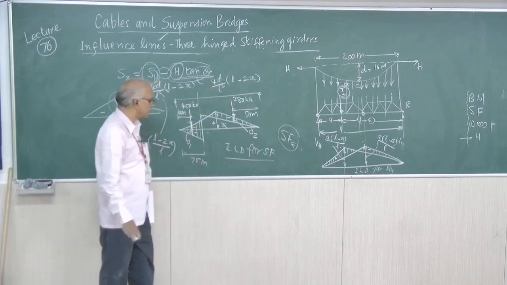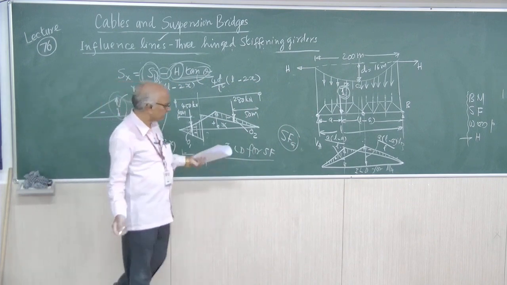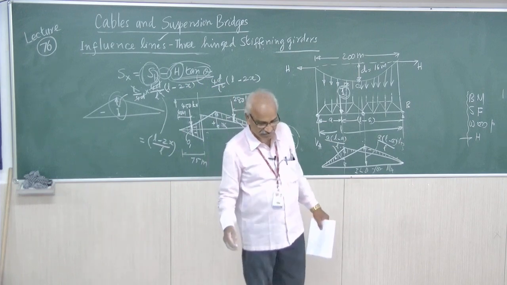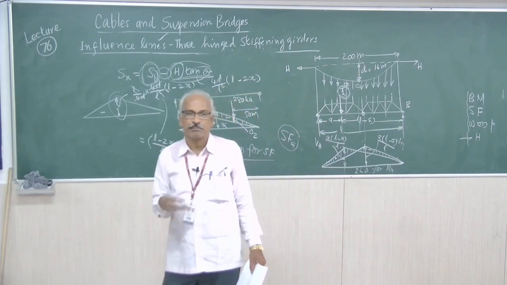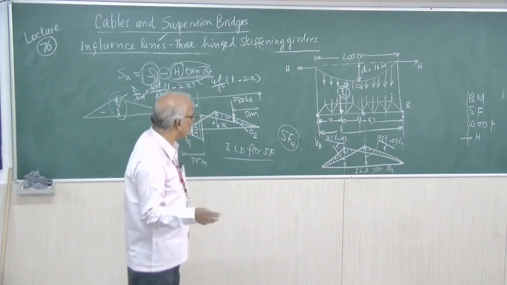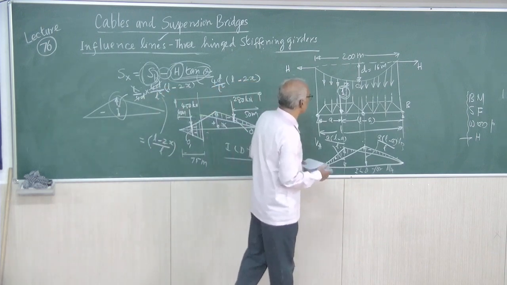So this is about the shear force at a given section. Then we will have to draw the ILD for maximum bending moment due to a concentrated load and due to uniformly distributed load, and how to apply them to a given problem. We will discuss those later.